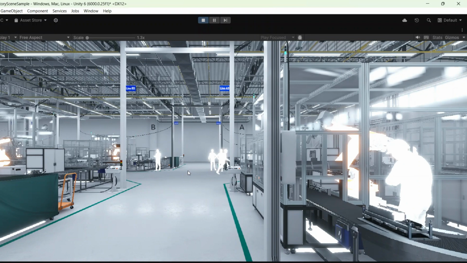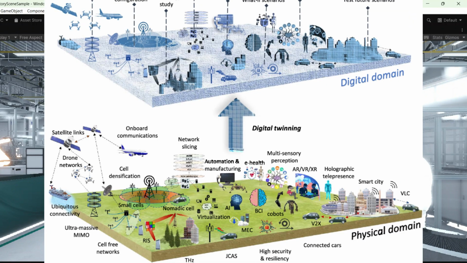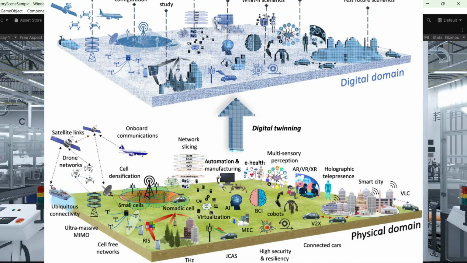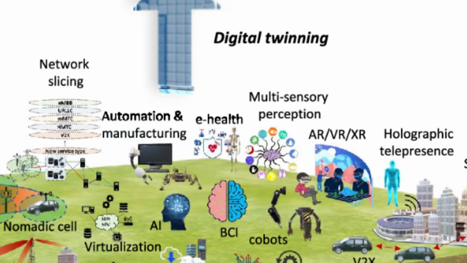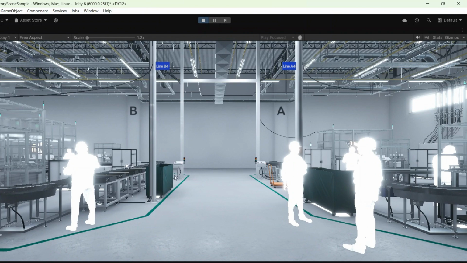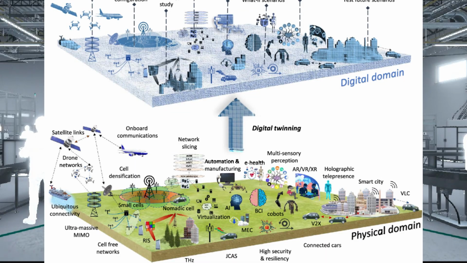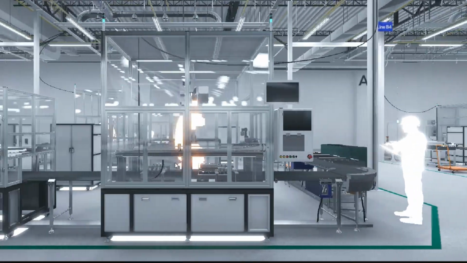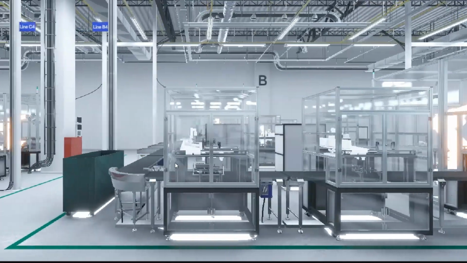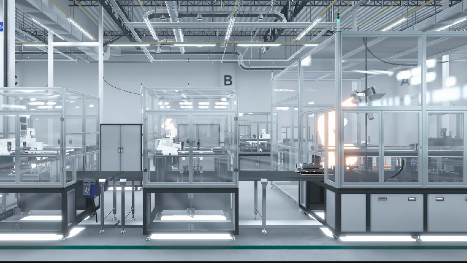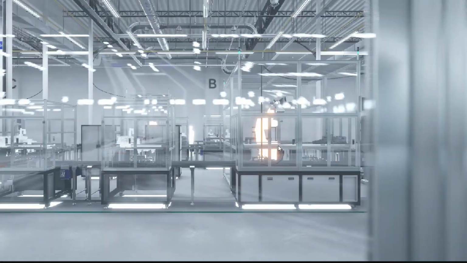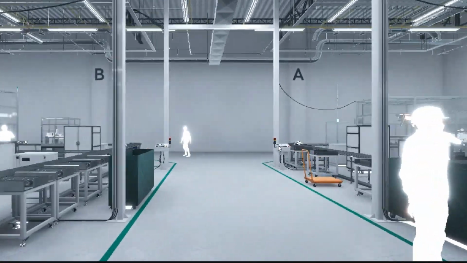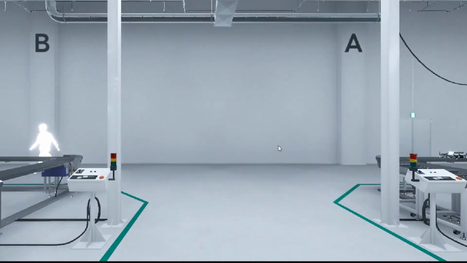Well, in 6G, I believe everyone says the keyword 2030. In 2030, they said that's when the digital is going to be fused with reality. Meaning the digital is going to be mixed with reality, so it's going to be holographic, it's going to be there.